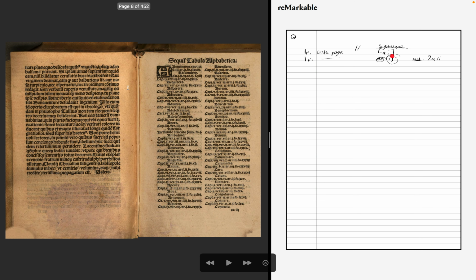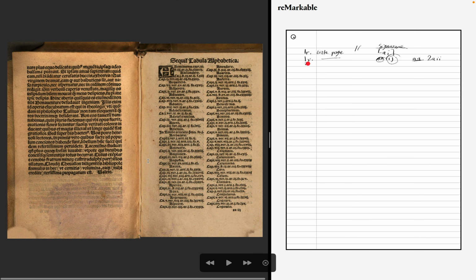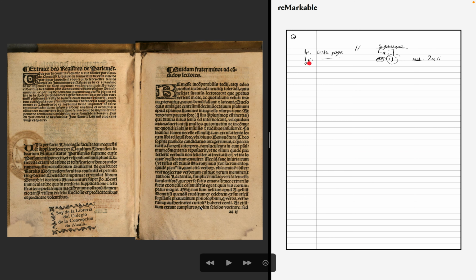In modern day, this is called a spread, with the left page and the right page. I'm going to call it a spread here, but that may or may not be the exact right terminology. For this spread, we get A3. So this previous page was 2 recto and 2 verso.